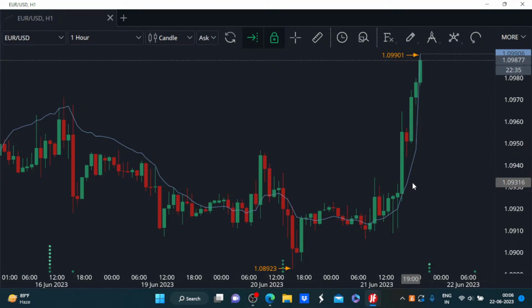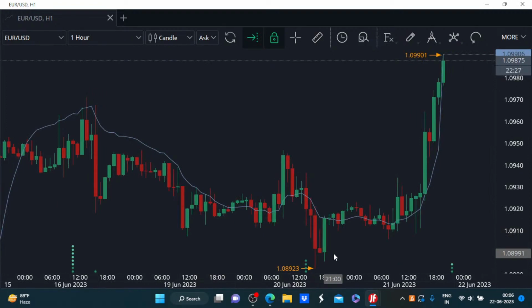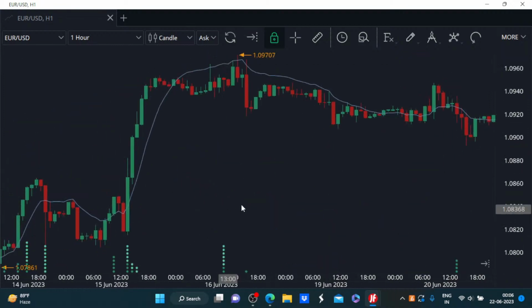If we observe today's price formation, we had this consolidation unfolding in the Euro USD around the levels of 1.09, and it was consolidating.